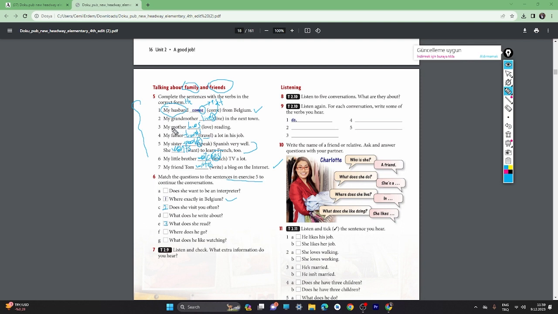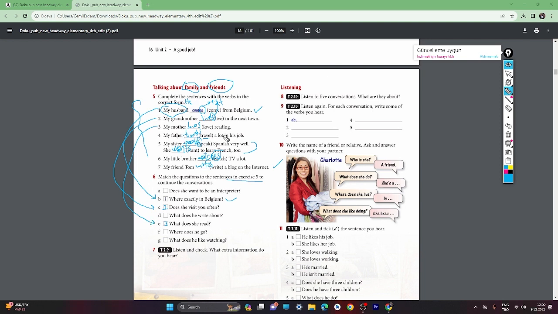So after this sentence, what can we ask? We match them. So my husband comes from Belgium. It goes here. My grandmother lives in the next town. It goes here. So another person asks, does she visit you often? My mother loves reading. What does she read? Okay.